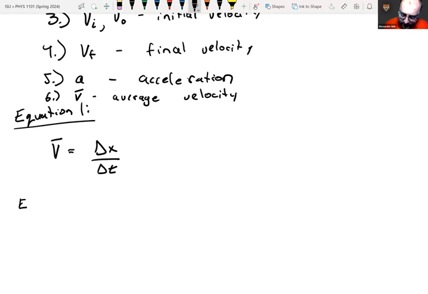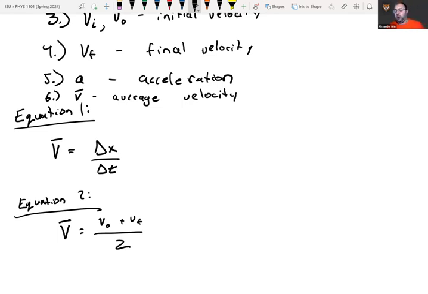Now, equation two. The important relationship is actually the combination of equation one and two, because V bar, if it's constant acceleration, it's basically an average of your initial velocity and your final velocity. So V naught plus V final over 2. Okay. Now, this is really important.